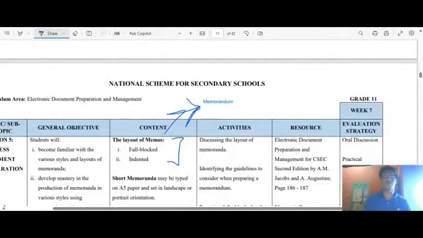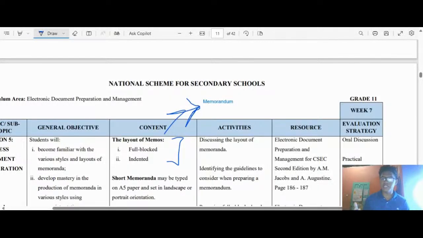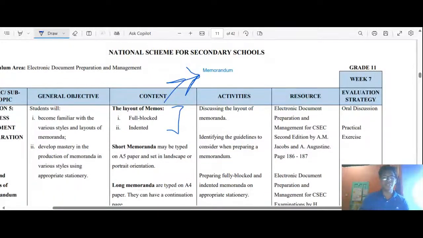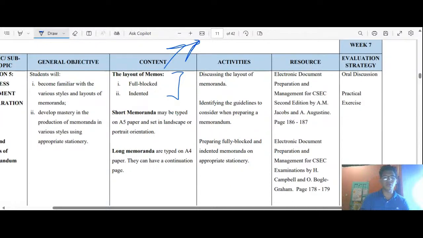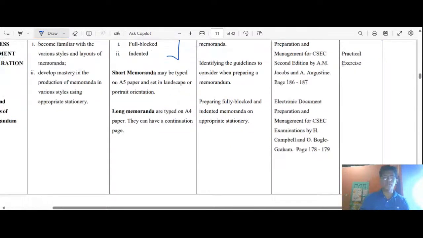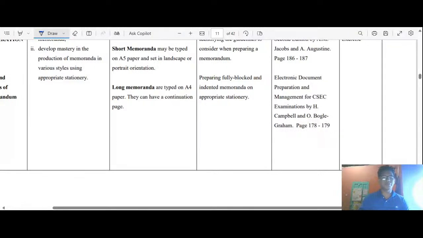If you're working within a store, like Samsung, they will send the memo to you personally and to every other employee. A memorandum is for persons within a specific organization, not outside of the organization. Short memorandums may be typed on A5 paper and set in landscape or portrait orientation, between those two choices. Long memorandums are typed on A4 paper, and they can have a continuation page.